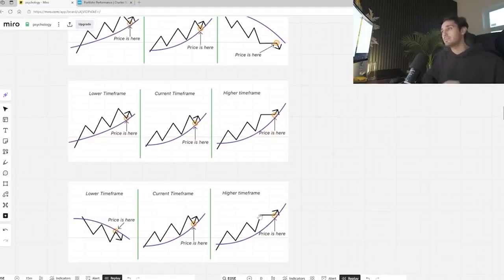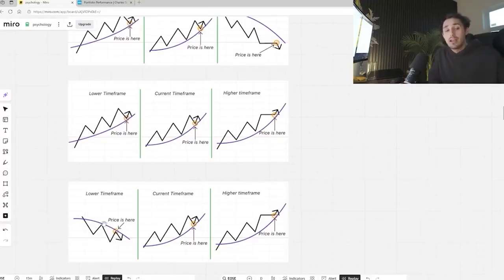That's option number one. Option number two, you can be patient, maybe pass on the initial setup and wait for the lower time frame to turn bullish. Wait for this downtrend to end and an uptrend to begin, or wait for the 20 MA to start curling up, right?